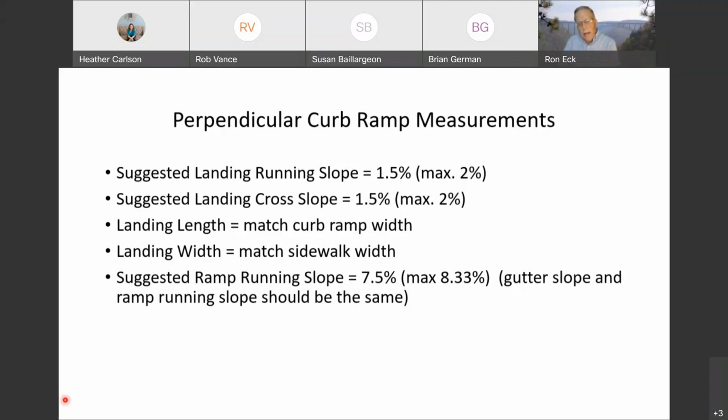Similarly, down here in the last bullet, my suggested ramp running slope or grade is 7.5%. The maximum allowable is 8.33% or 1 in 12. But designing for 7.5 should provide that when it's actually constructed, it shouldn't exceed 8.33%. The landing length should match the curb ramp width, and the landing width should match the sidewalk width.